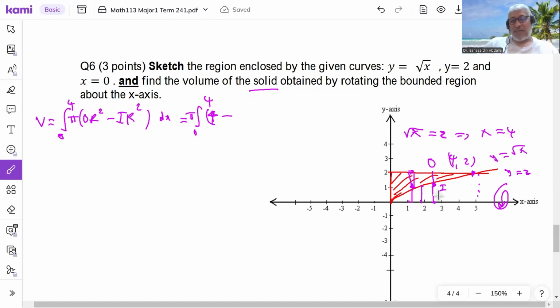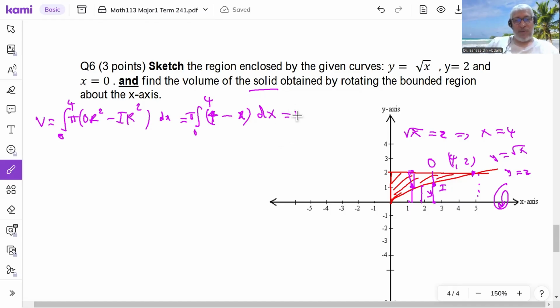So it's in fact the y of the curve, square root of x, because the vertical distance is y. So the inner radius is square root of x squared, so it would be x, dx.